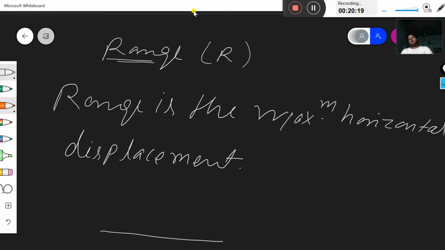We have seen in projectile motion that maximum horizontal distance is this length. So this length is known as R, range.